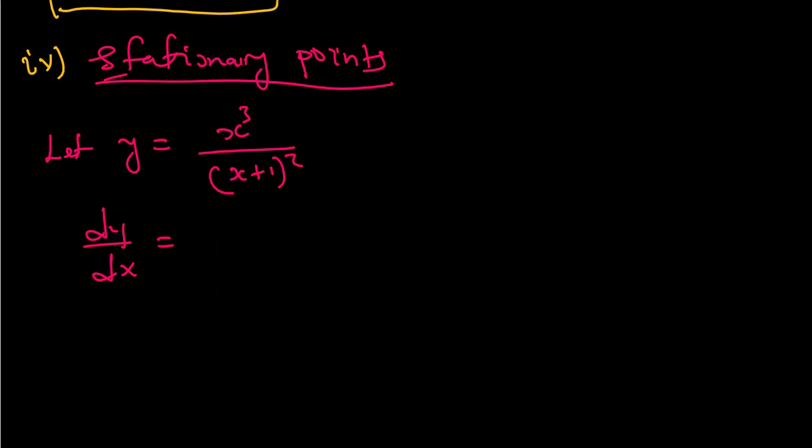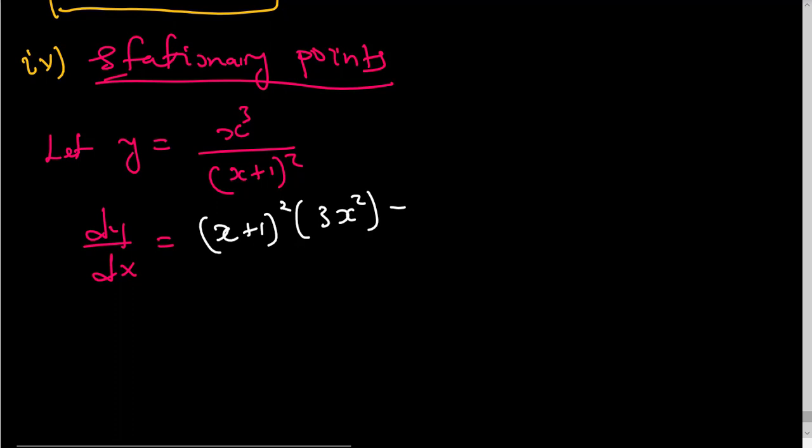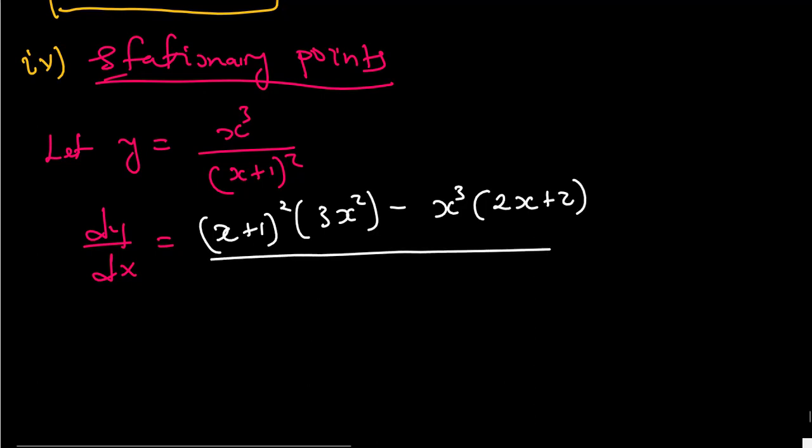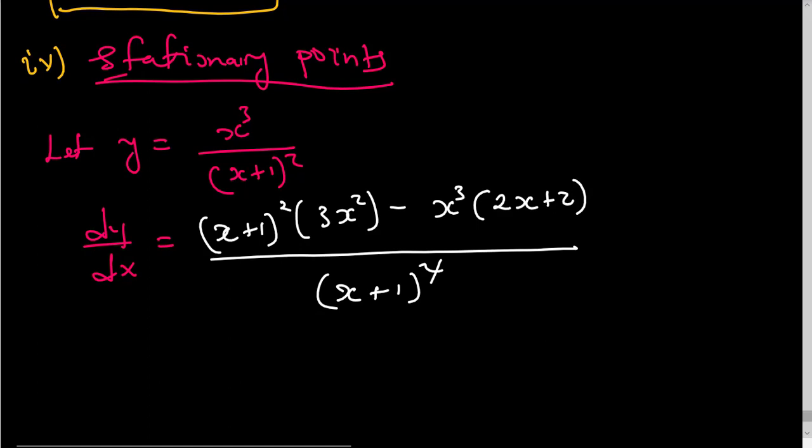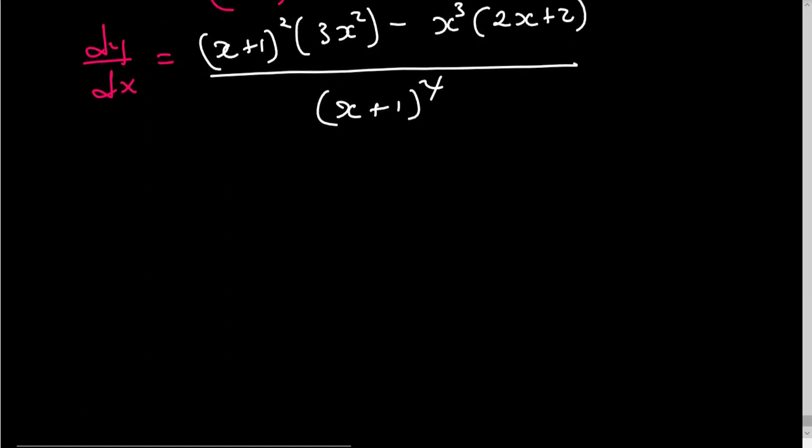So we have the bottom constant, x plus 1, all of that squared, and we differentiate the top, which gives us 3x squared, minus top constant, which is x cubed, and we differentiate the bottom, it gives us 2x plus 2, all of this divided by the square of the bottom. That will be x plus 1 squared of that raised to the power 2, which will give us x plus 1 raised to the power 4.